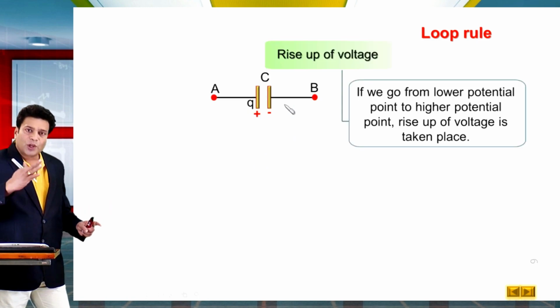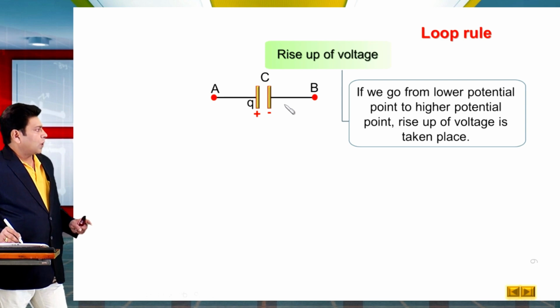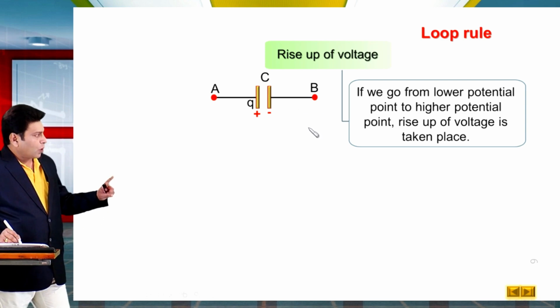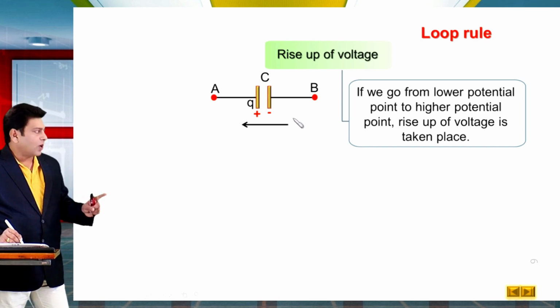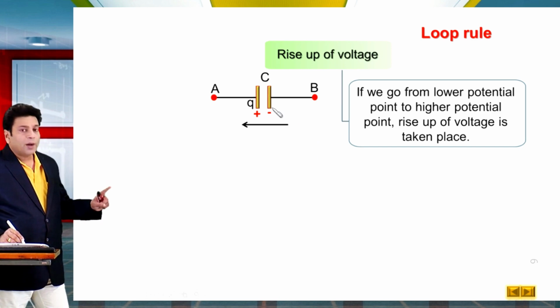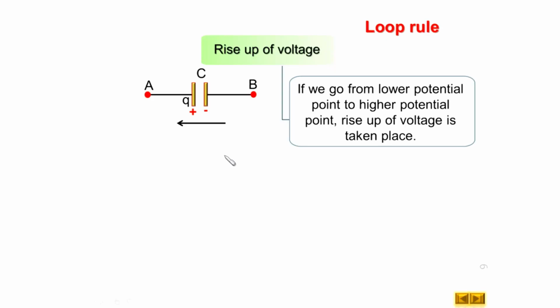It is just opposite to the drop of voltage. Here we will move from point B to point A, and while moving from B to A, we are moving from the negatively charged plate to the positively charged plate. So here the rise of voltage should be equal to Q divided by C with the positive sign.